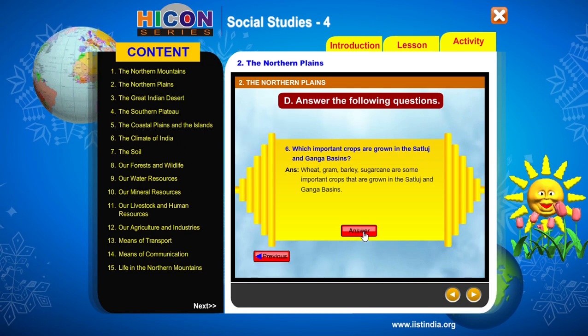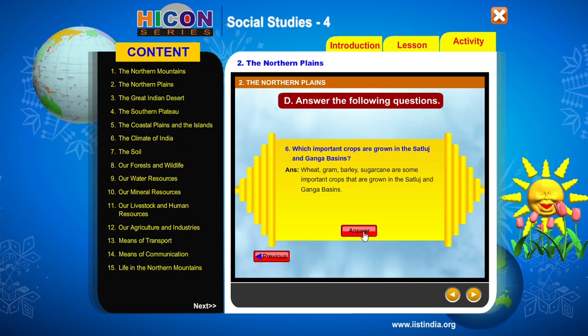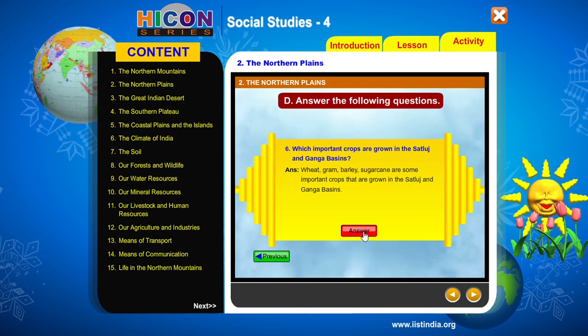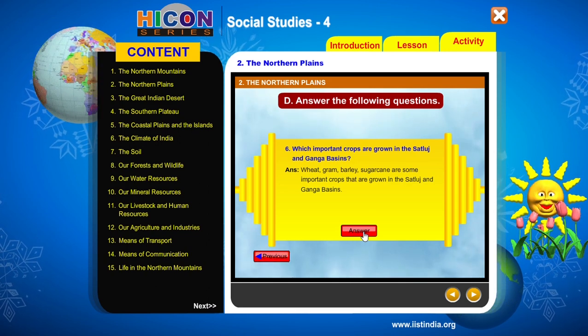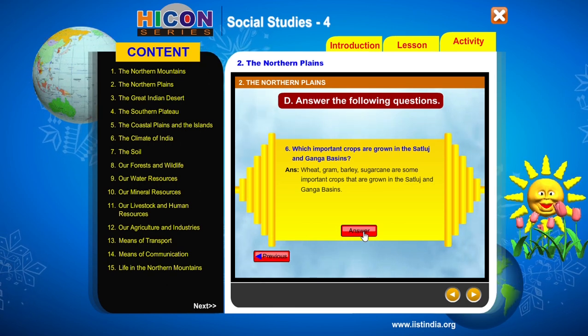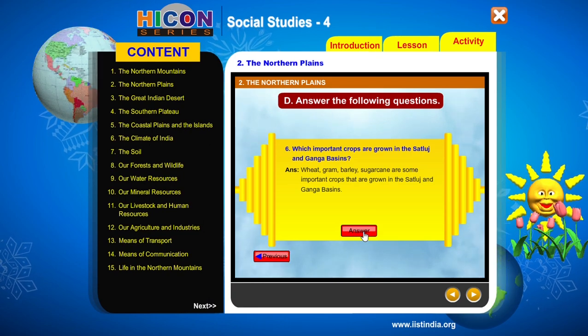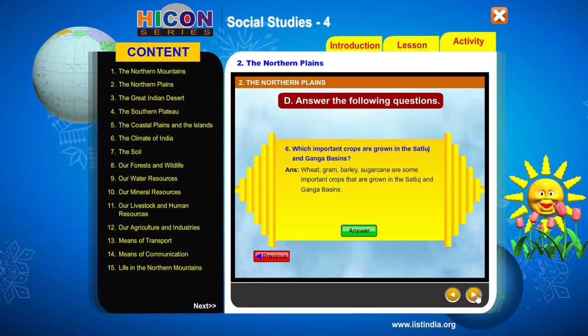Wheat, gram. Gram means green gram, red gram, black gram, dal. Then barley, sugarcane are some of the important crops that are grown in the Satluj and Ganga basin. Right? Okay, so now we are done with the questions and answers. Move on to the next section.